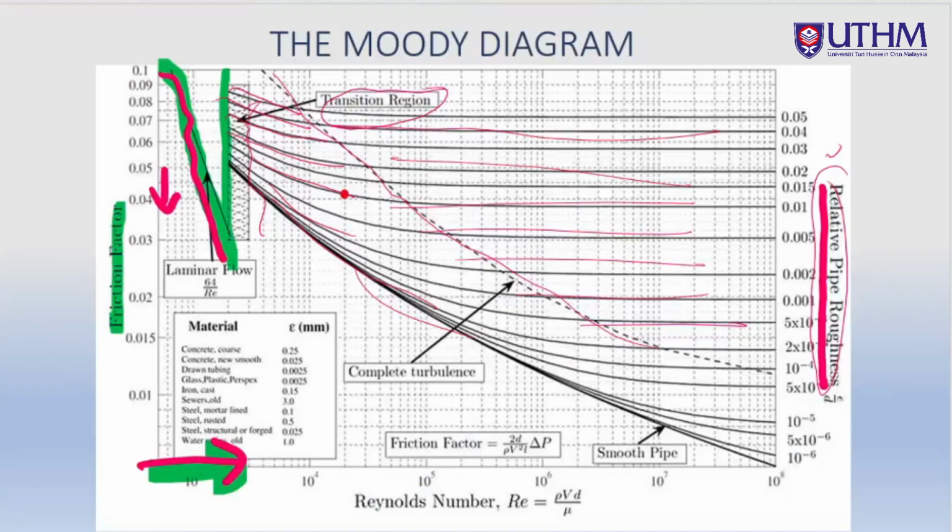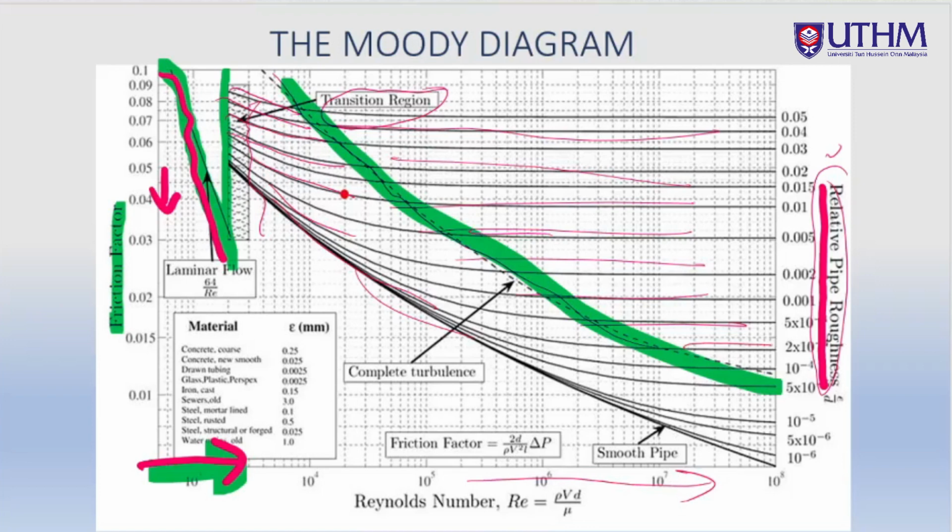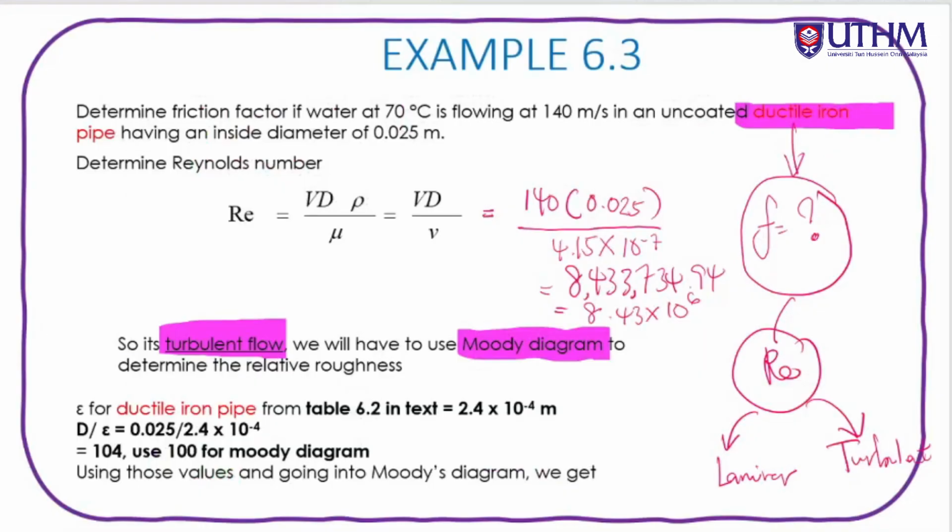Dah complete turbulence yang dah belah kanan ni, tak kisahlah Reynolds number dia berapa pun, kan? Dia increase, tak kisah, friction factor akan consistent, stagnant, and the value will be the same. Alright, so kita go for another example.